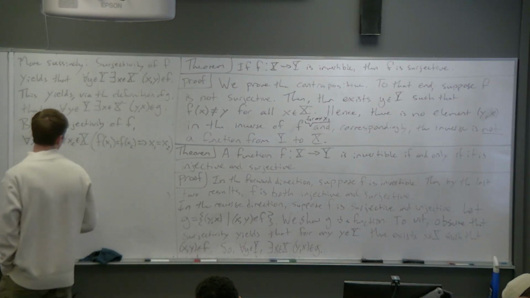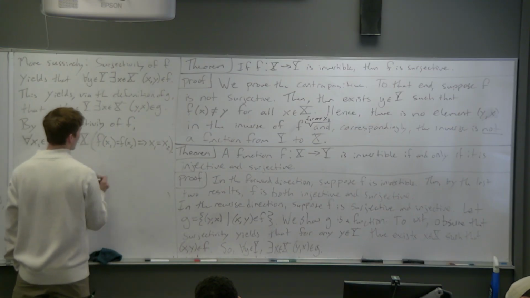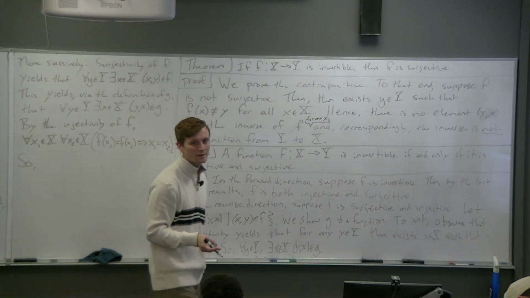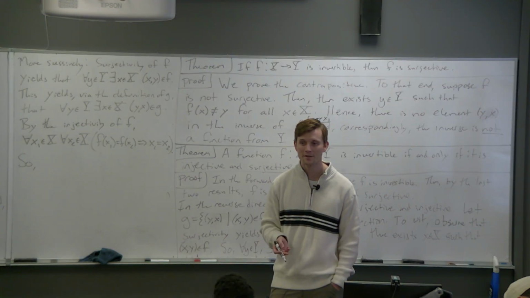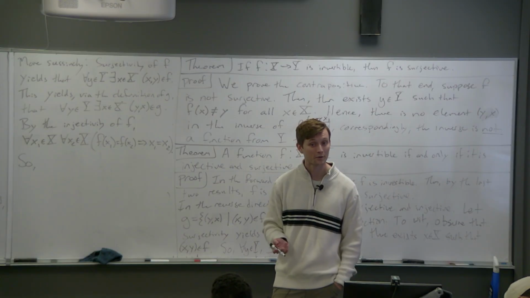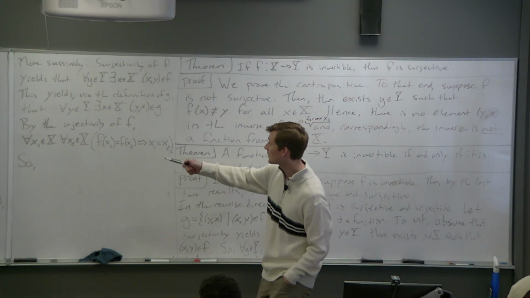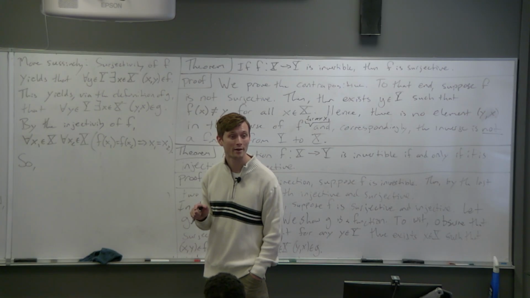Now, so how do we get the last condition we need to show that G is a function from this? What do we even need to show, to be clear? We've shown that everything has at least one arrow pointing out of it. Now we need to show that nothing has more than one.